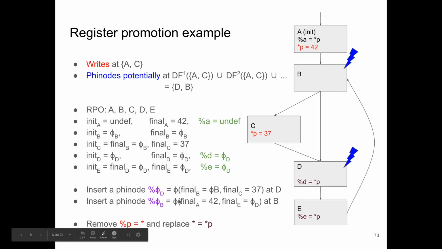It is a phi node of the final values of the predecessors, which are either 42 if the control flows from A, or the phi node of D, when the control flows from E. But phi node D is already inserted, so we no longer need to insert more phi nodes. So it is the phi node formula we need to insert at D and B.